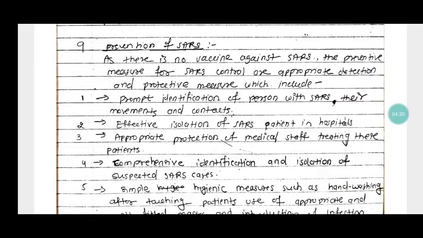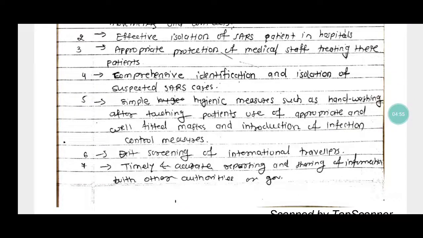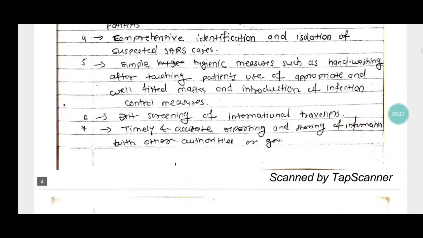The prevention of SARS: prompt identification of a person with SARS, their movements and contacts, effective isolation of SARS patients in hospitals, appropriate protection of medical staff treating the patients, comprehensive identification and isolation of suspected SARS cases, and simple hygienic measures such as hand washing after touching the patient, using an appropriate and well-fitted mask, and introduction of infection control measures, even screening of international travelers, and timely and accurate reporting and sharing of information with other authorities or governments.